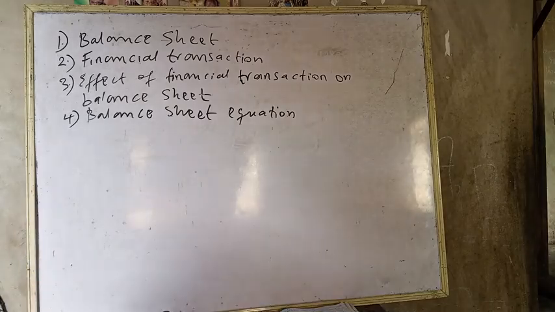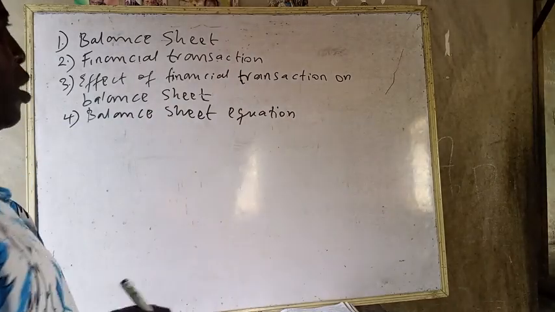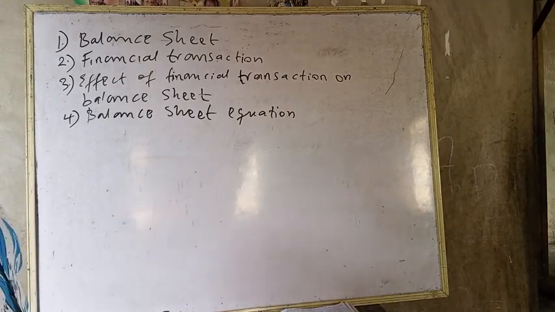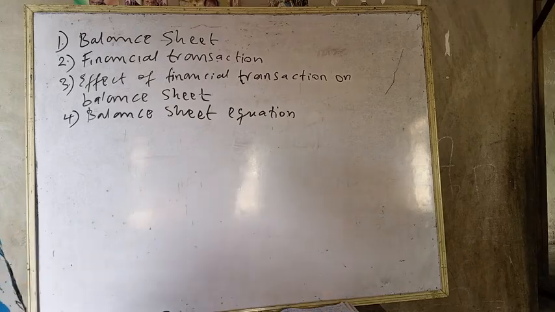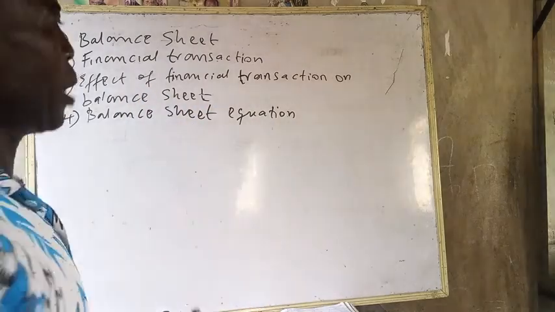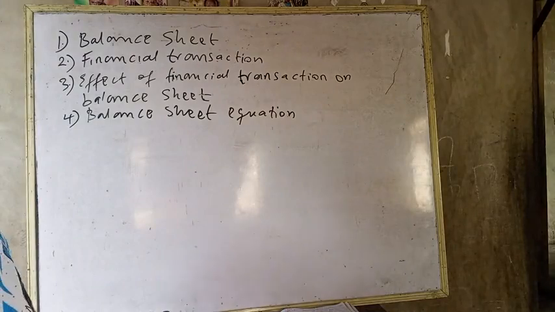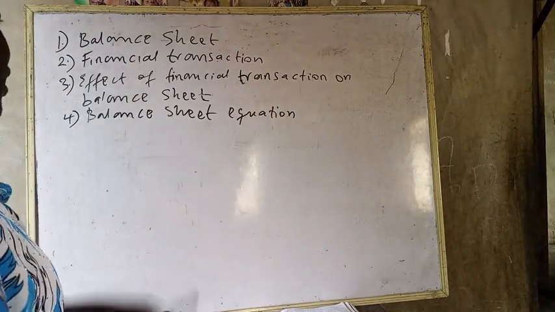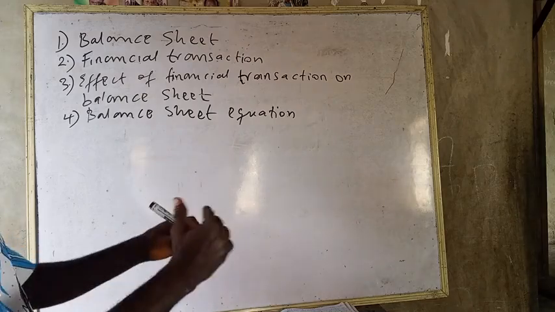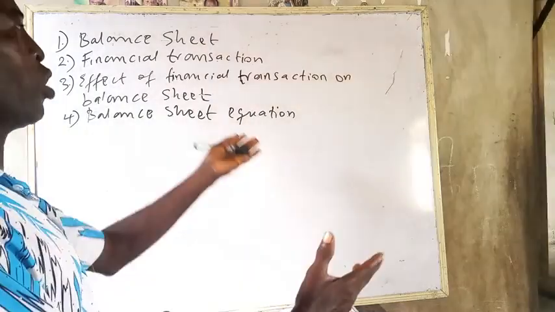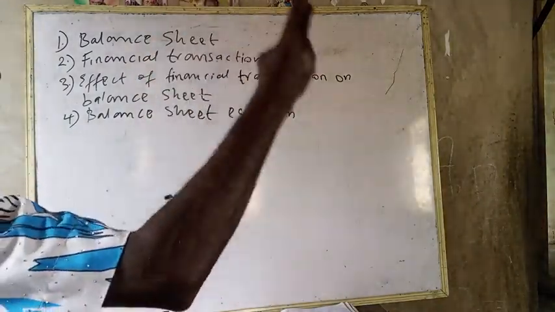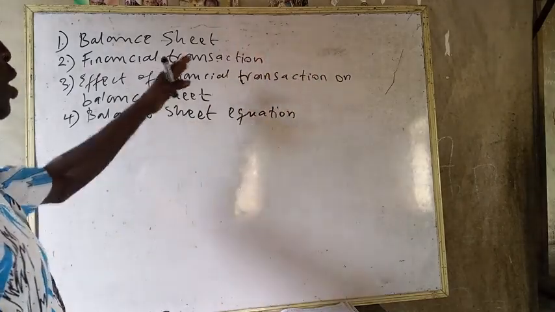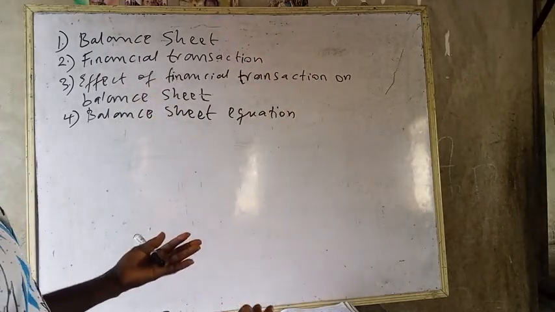Maybe three days later, the business withdraws part of the money from the bank to buy a delivery van, as you're going to see in the tutorial. So that also will change the position of the balance sheet. Every one of these transactions has a double effect on the balance sheet.